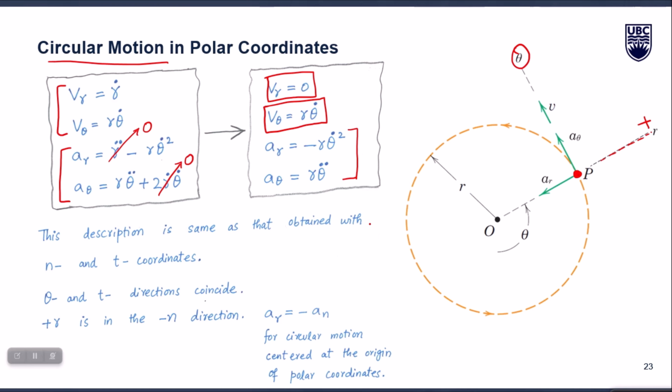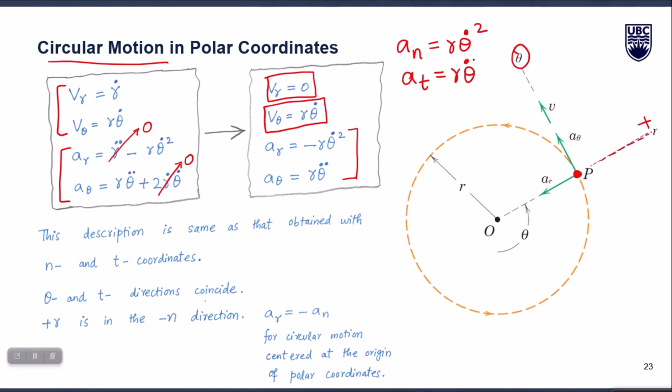Now let's compare them with the expressions we derived for the nt coordinate system, right? If you remember, the n component of acceleration was equal to r theta dot square in the nt coordinate system. Similarly, the t component of acceleration was equal to r theta double dot, right?